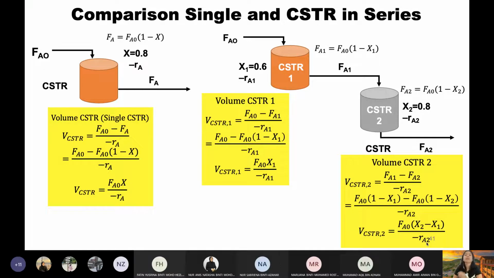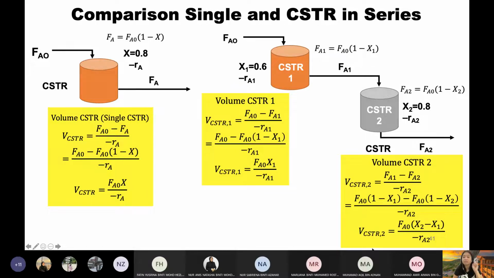Okay. Now, katakanlah we want to design, we have the third reactor. Katakan kita sambung kepada reaktor ketiga, what will be the volume? So basically kamu dah boleh agak. Kalau volume reaktor kedua, FA0 in bracket X2 minus X1 per minus RA2.